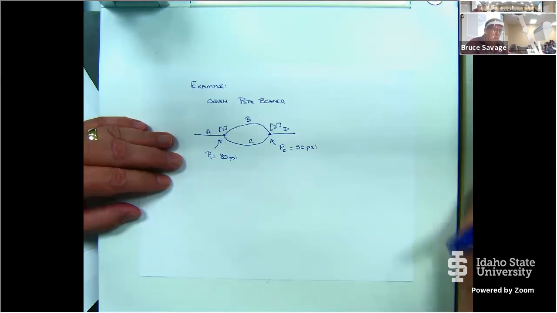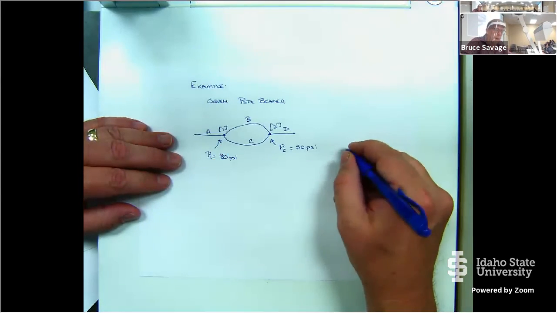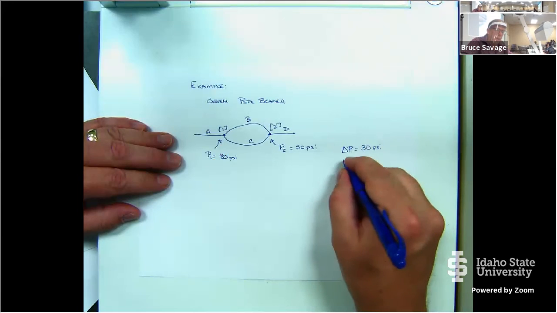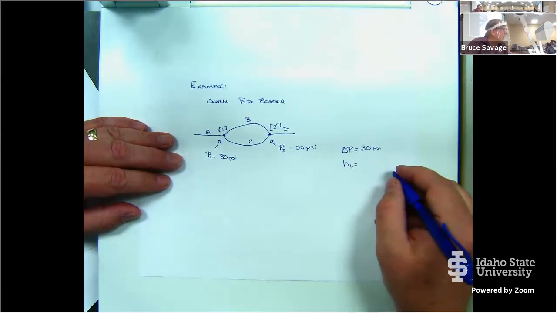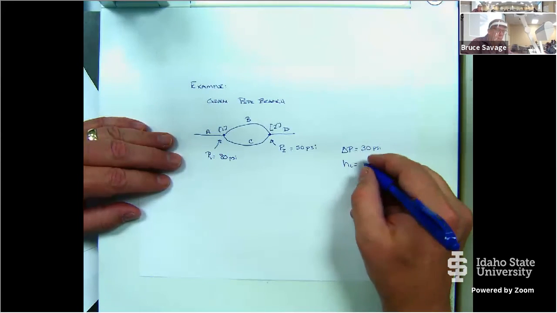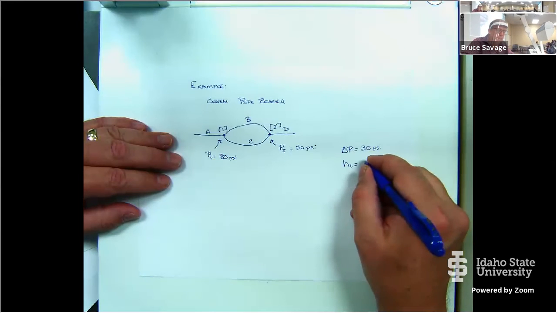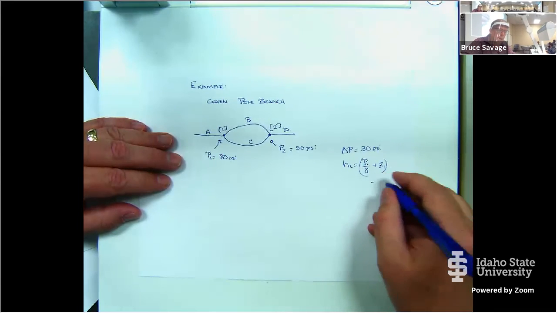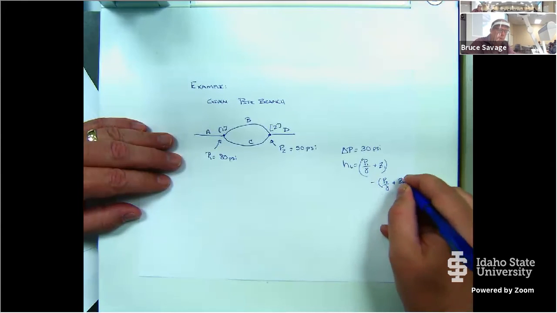So we have a drop across those two. So my delta P is going to be 30 PSI. And I could calculate then the head loss across there, right? Head loss would be P sub 1 over gamma plus Z sub 1 minus P sub 2 over gamma plus Z sub 2.